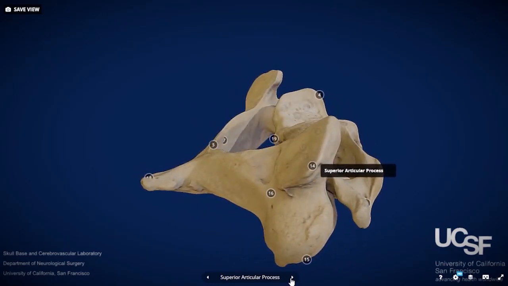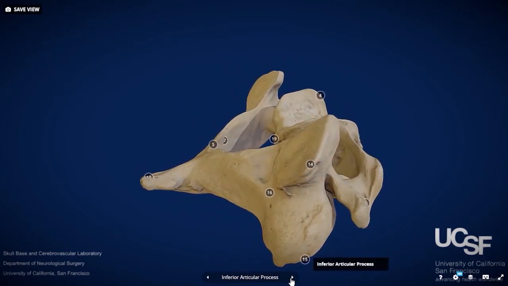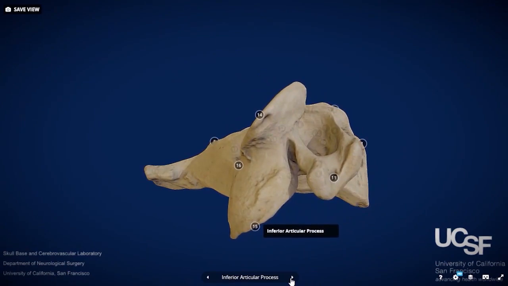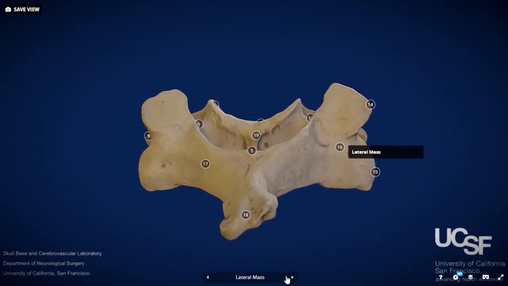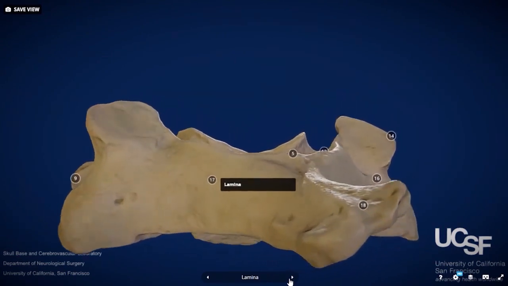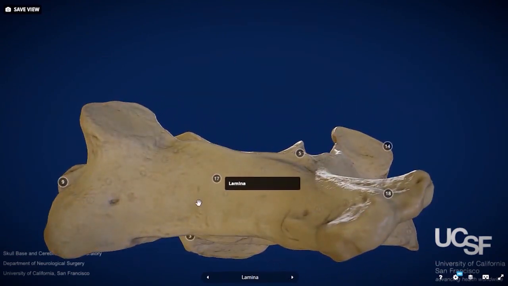Posterior to the pedicle, we see the superior articular process and the inferior articular process, both running from inferior and posterior to anterior and superior. In between these articular processes, there's a mass, which are both lateral masses, and posterior to the lateral mass, we can identify the lamina.